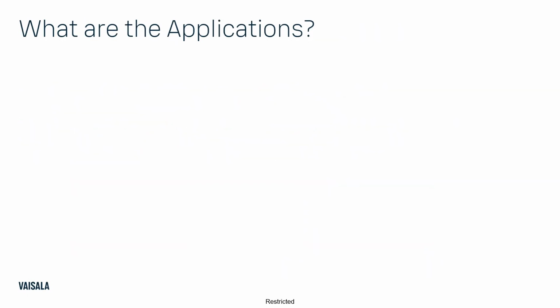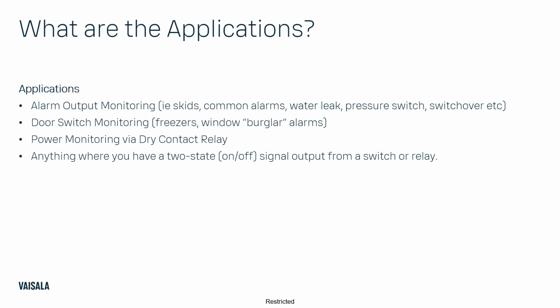So what are the applications for a Boolean input data logger? Well, there's a couple of them. They're actually very common with monitoring because it's the most simple output that you can get from an instrument, which is an on-off state, typically linked to an alarm output. You see these on skids, alarms, and freezers.